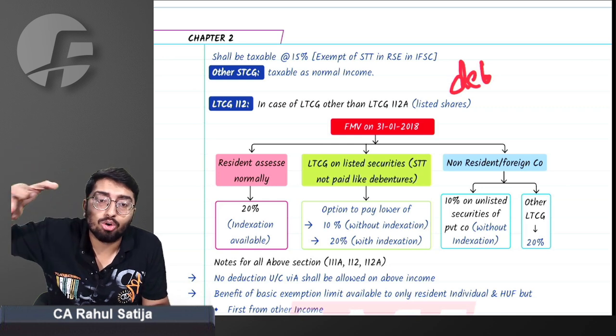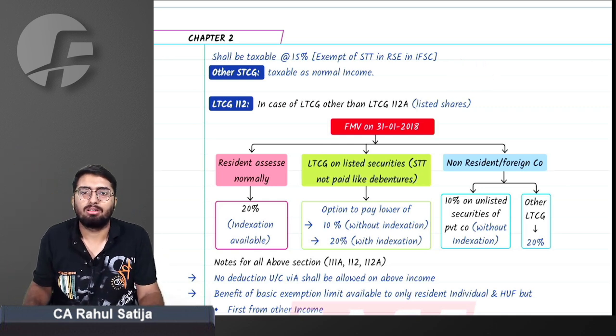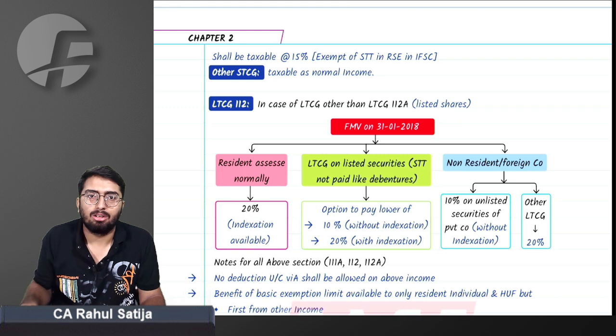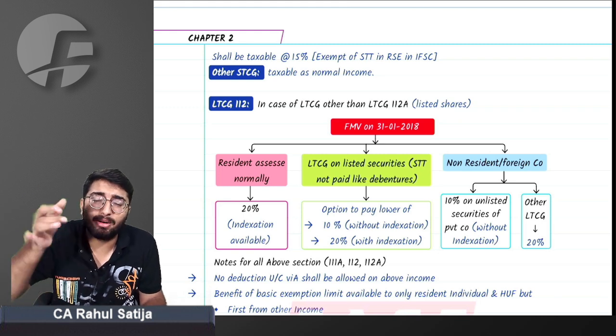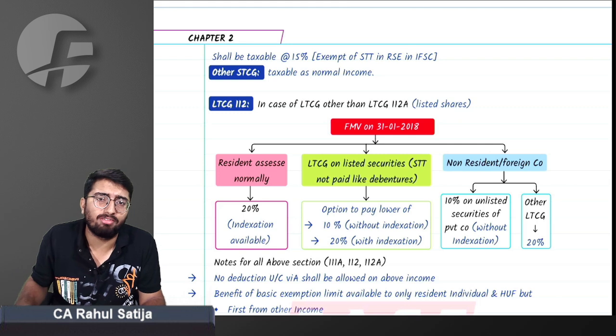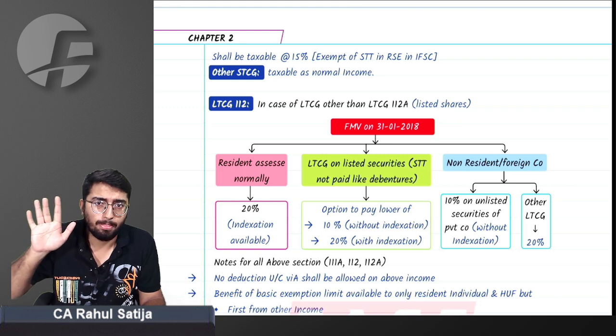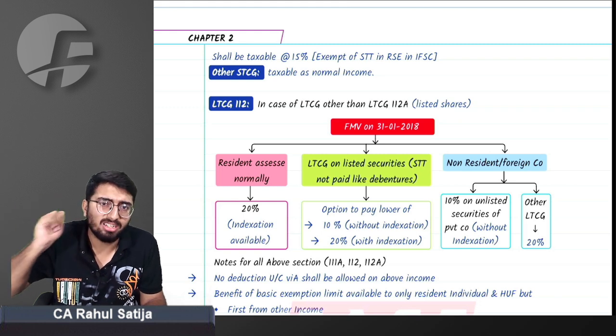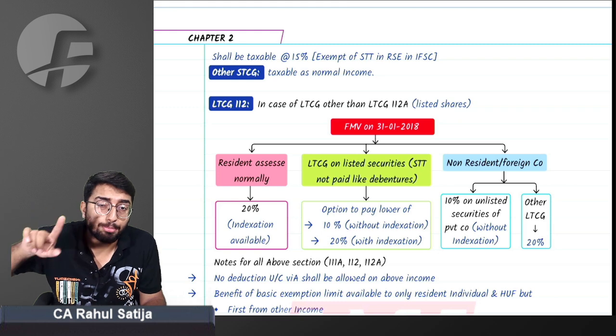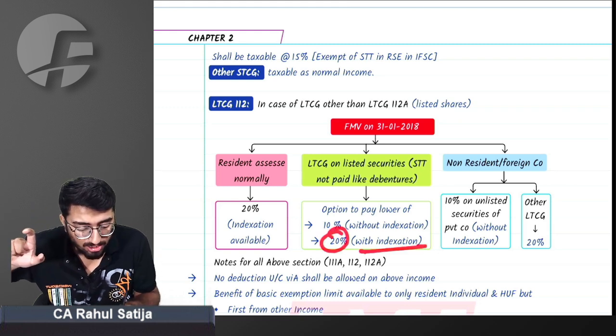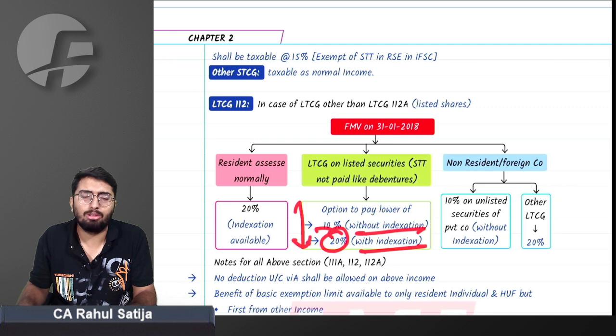For that matter, you have a choice to pay lower tax. For any securities that are listed but do not fall under section 112A, like SME exchange, any securities on which we have not paid STT but they are listed, we have an option to pay 20% with indexation or 10% without indexation, whichever is lower.